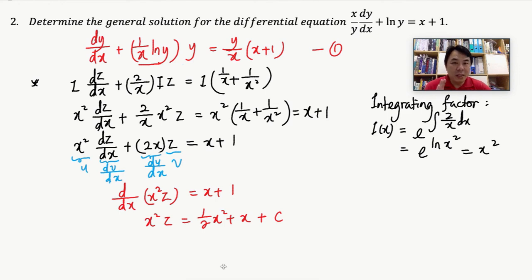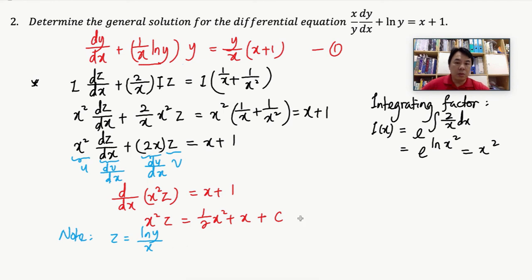But don't forget, what is z? I indirectly erased that, but I'm going to rewrite it again. Take note, the z in this case is, I'm not supposed to write it down here, it's very crowded. So take note that we have let z equal to ln y over x.